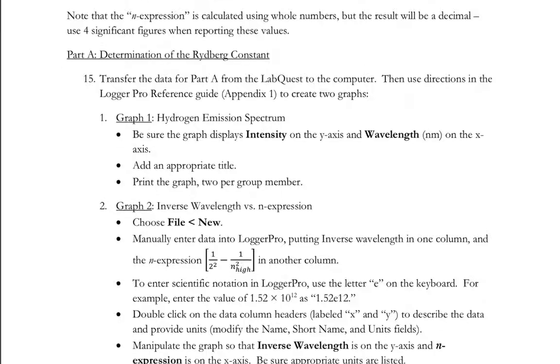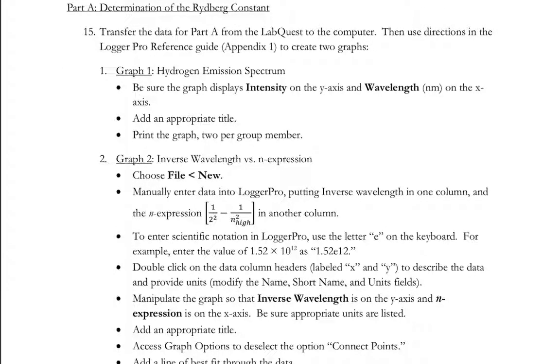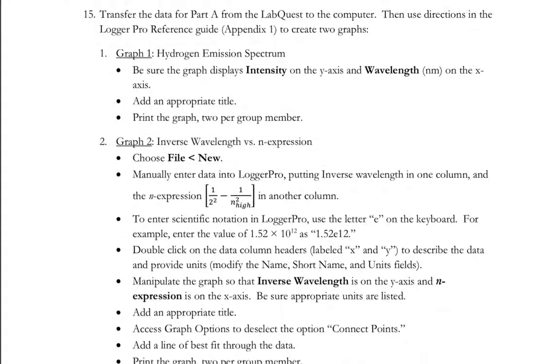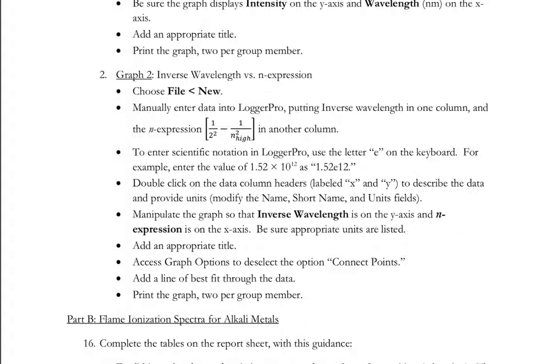The second graph is the graph that was made following the analysis that we will look at when we look at the results, the report sheet. But to see how the information was determined, go to this information here about graph 2.